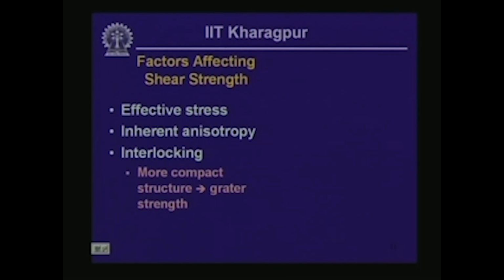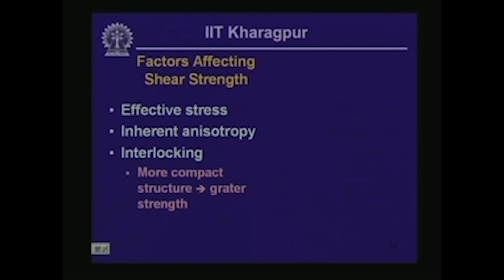Second thing is inherent anisotropy, and that is because of the presence of joint sets or presence of lamination within the mass of rock or soil, because of the depositional environment or because of mineralogical characteristics of the solid. Then the third thing that affects shear strength is interlocking.